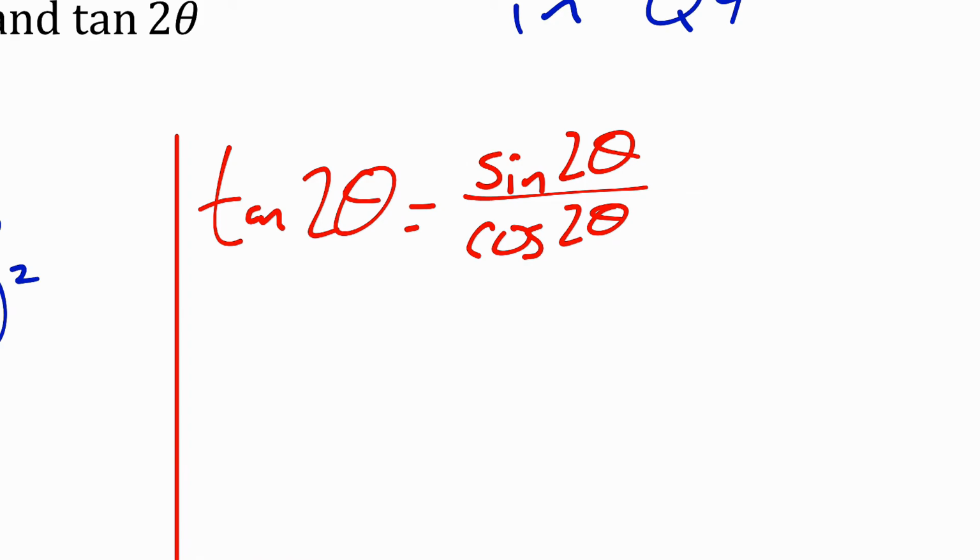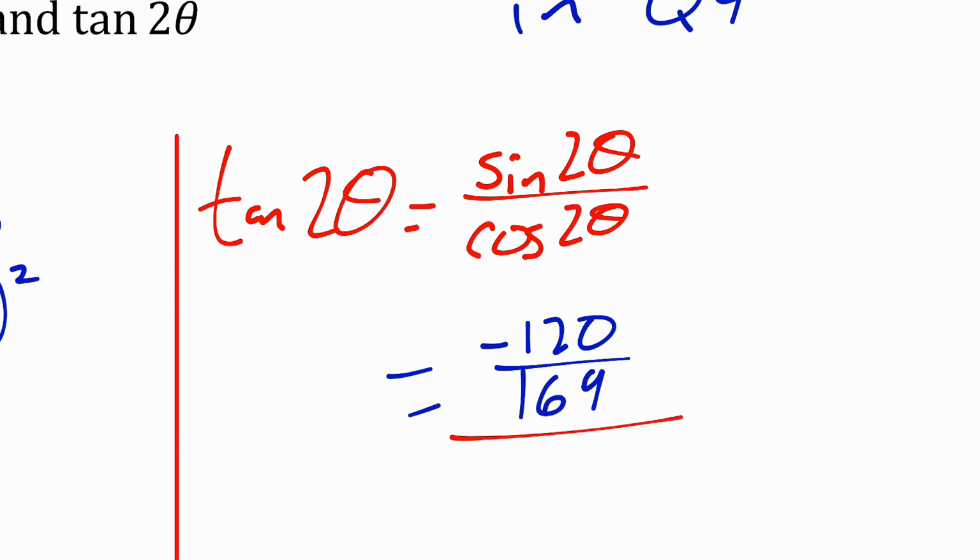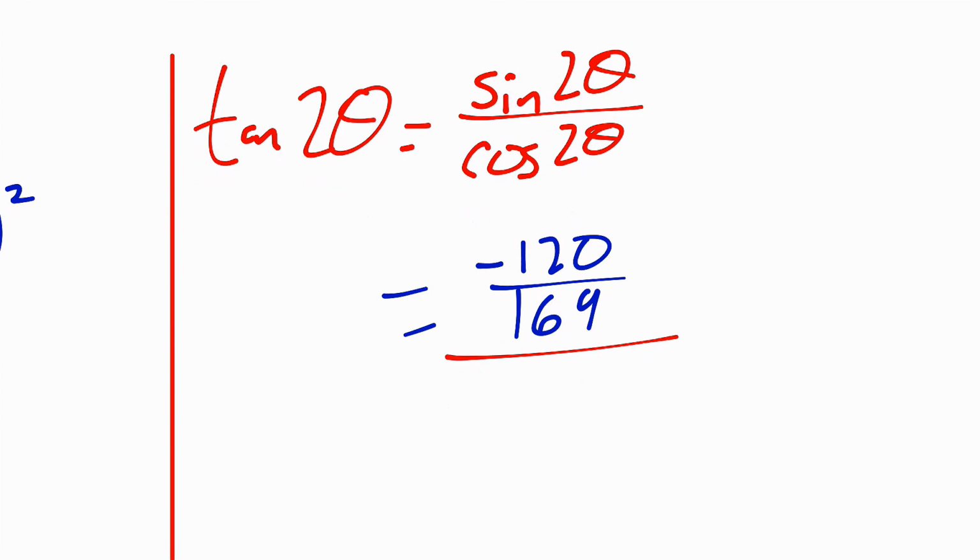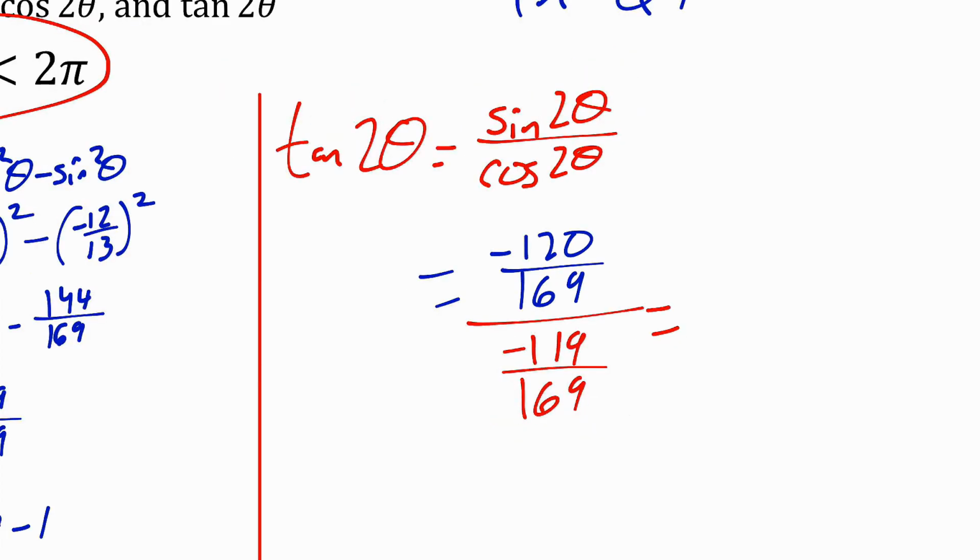So tangent is always equal to sine over cosine. Sine of 2 theta, we found out, was negative 120 over 169. And then we're going to divide that by the cosine of 2 theta, which we ended up finding was negative 119 over 169. Dividing by fractions, not ideal. So instead we're going to take that numerator, negative 120 over 169, and multiply it by the reciprocal of the denominator.